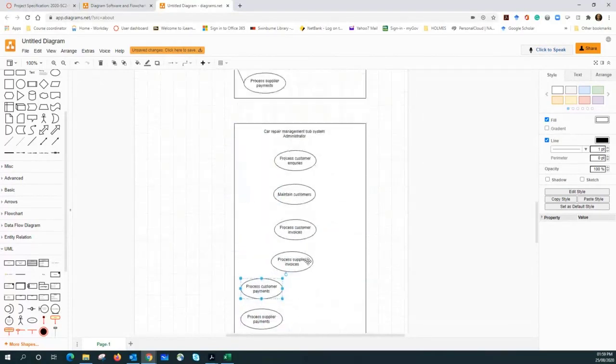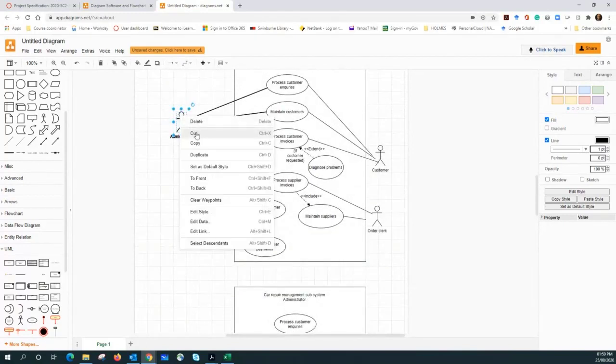Okay. So let me duplicate the administrator quickly.